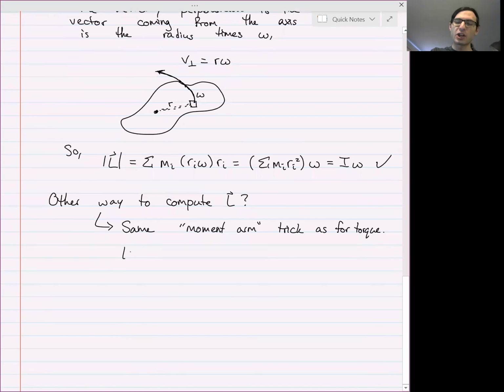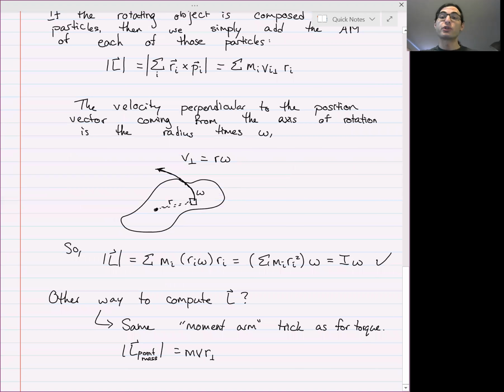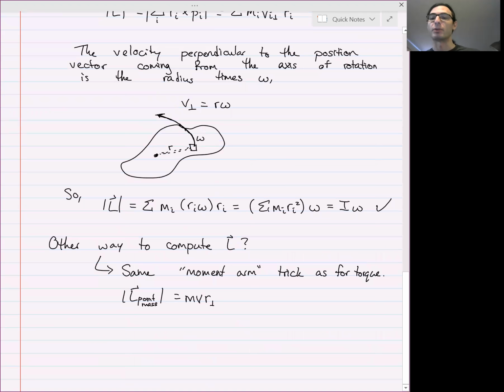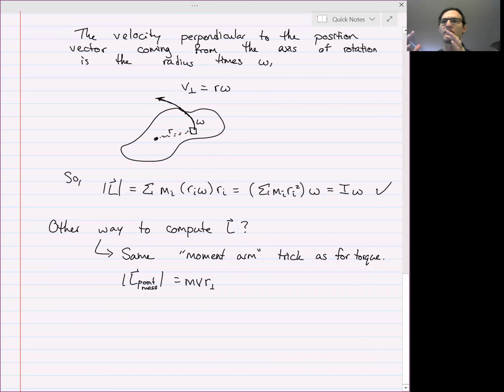So the angular momentum of a point mass is equal to mvr perp. That's also true. It's also mv perp times r. Those are equal things because they're both just mvr times the sine of the angle between them. The sine of the angle between them, that's kind of carried around by this perpendicular bit, right?